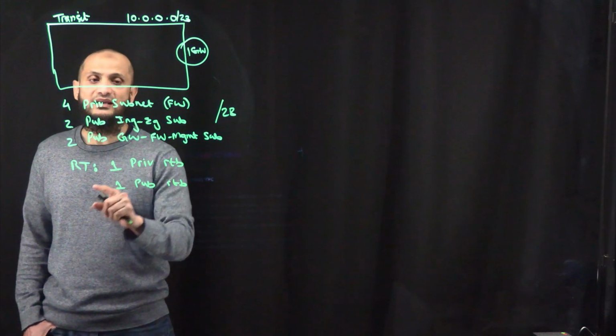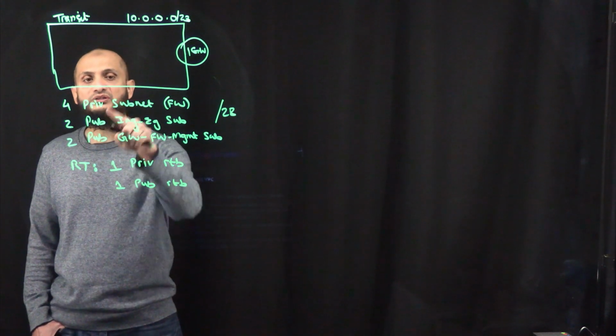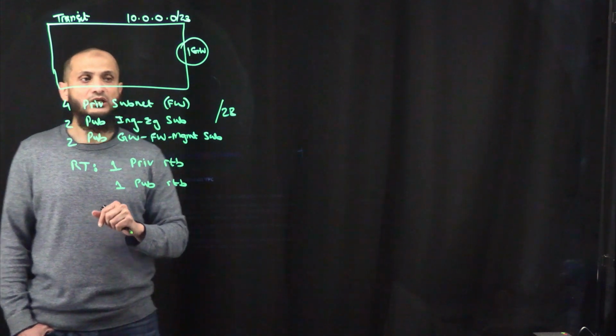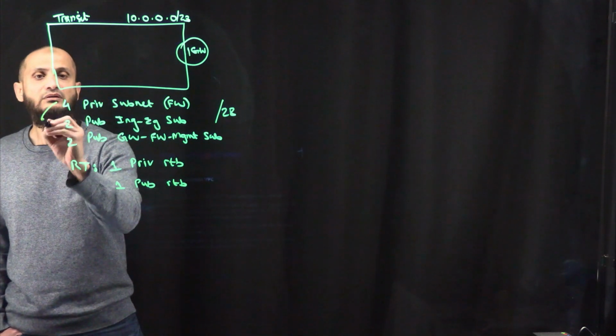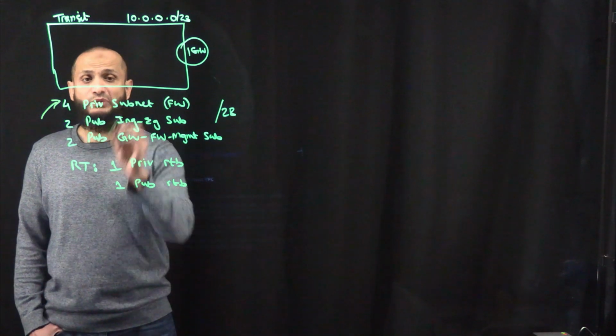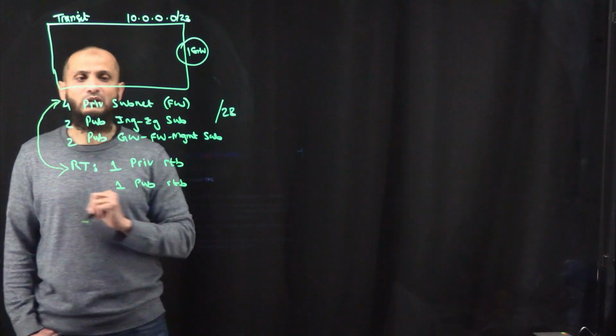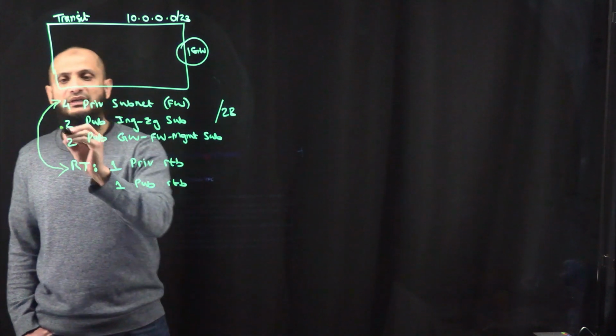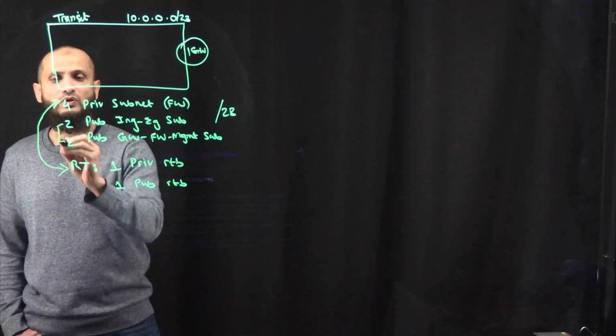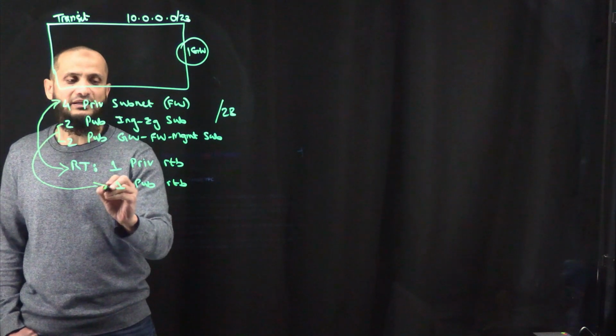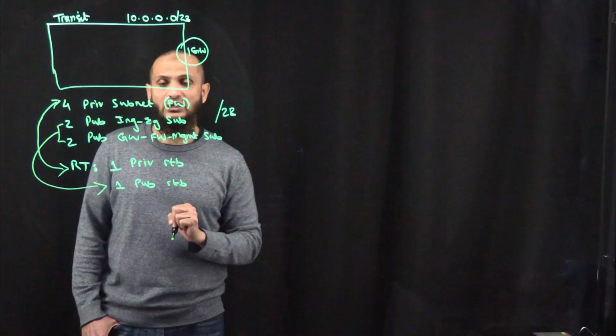It's going to create an association between your subnets and the routing tables. So your private subnets are going to be associated to the private routing table, while your public subnets, both of them, will be associated to the public routing table.